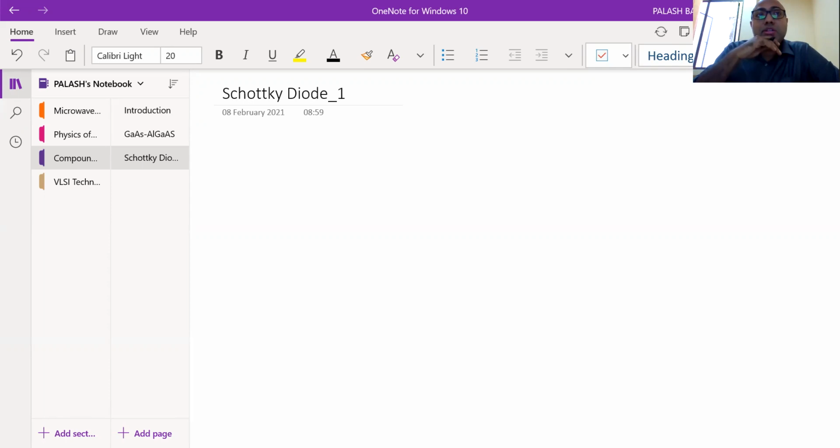We already had a discussion about the PN junction diode in our last semester, and we had a fair knowledge of it. Now, first of all, why do you need a Schottky junction diode? If you recall the PN junction diode concept, you have to deal with two types of carriers: majority carriers and minority carriers.